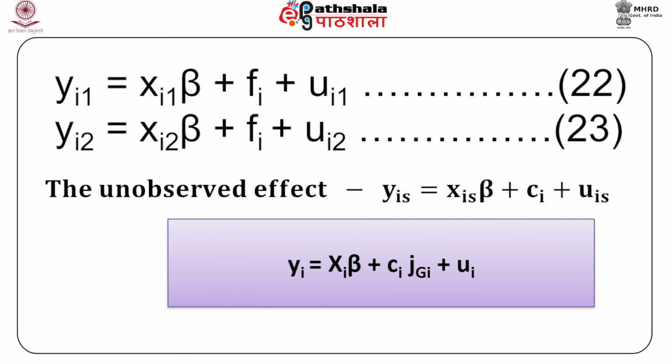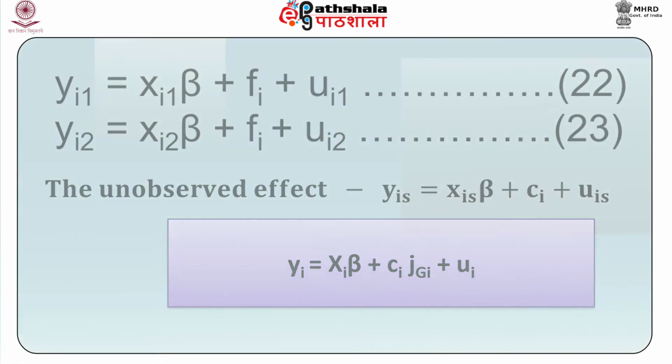The row dimension of y_i, X_i, j_Gi and u_i is G_i, the number of units in cluster i. The dimension of beta is K into 1. So while applying panel data methods, we assume that the number of clusters N is large because we fix the number of units within each cluster in analyzing the asymptotic properties of the estimators.